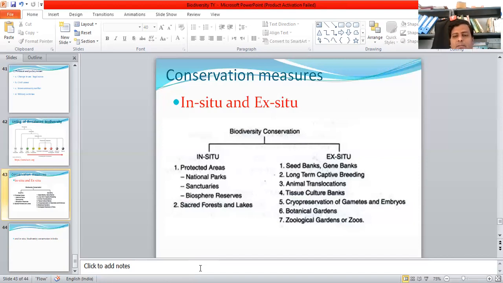Ex situ techniques applicable to animal populations include storage of embryos, ovules, DNA, etc. There are many genetic banks and livestock parks which use these ex situ techniques. They also use captive breeding.